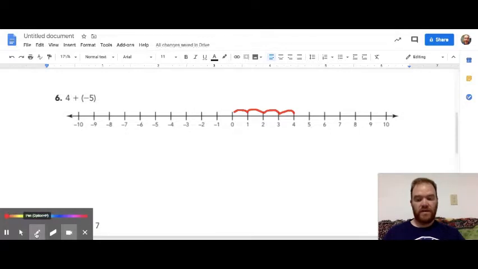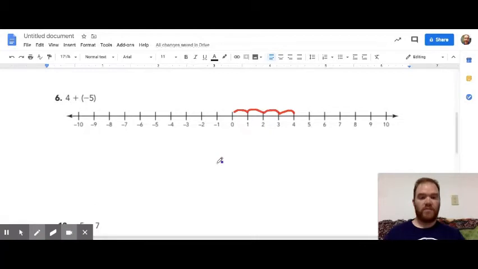A lot of times students will have a problem with this. If this was 4 plus +5, I would go to the right 5. The negative here is telling me that if you would go right 5 when it's positive, I want you to do the opposite.